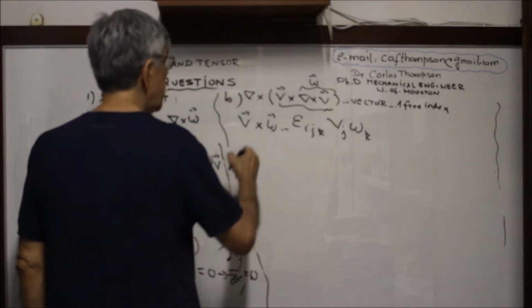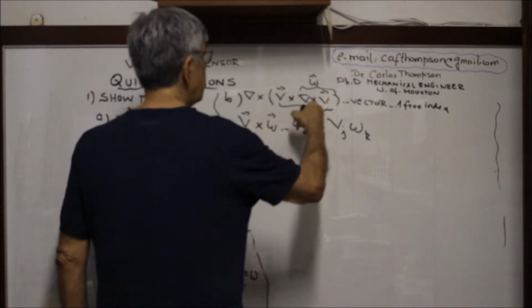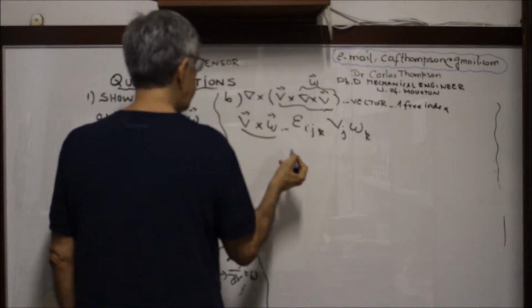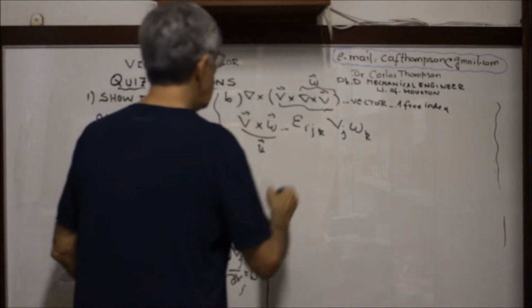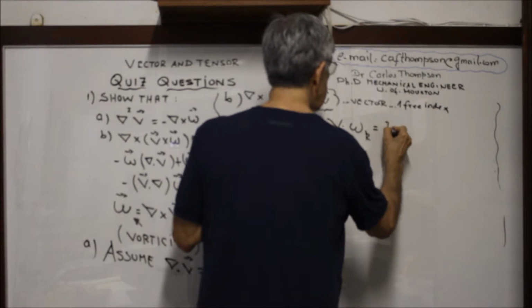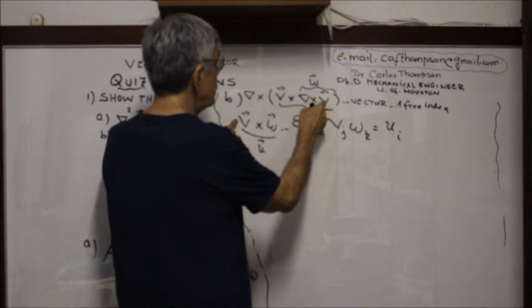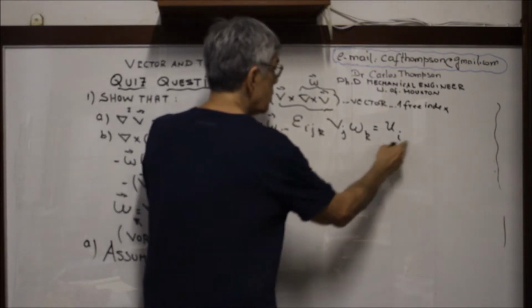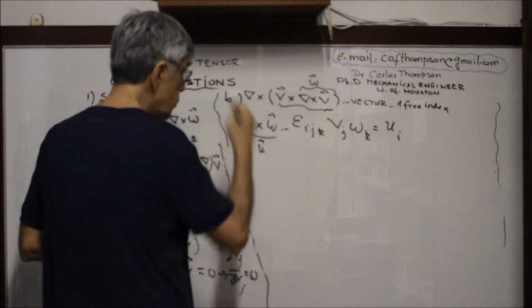Now, let's call V cross W a vector, let's call it U. This here is Ui, the free index is i, so we have i, j, k. This is a vector U.